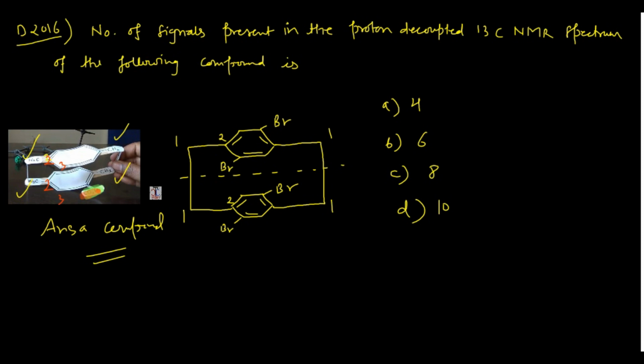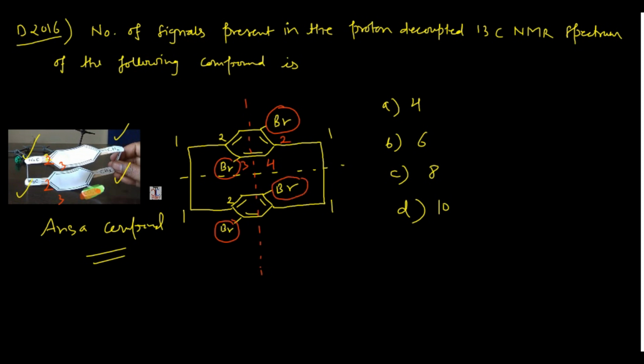And this is the next one, which is carbon 4. And again this is carbon 2. Why? Because again you see the plane of symmetry is there. There is no question of these two BRs, because they are symmetrically placed. They are actually in the symmetry plane.